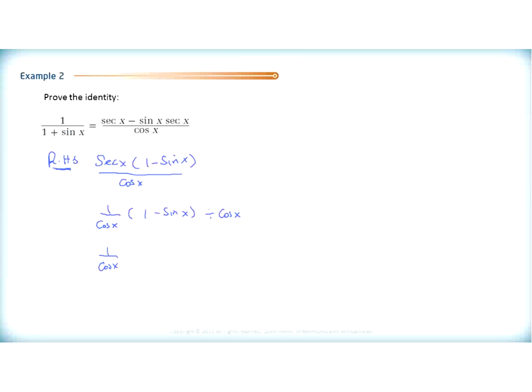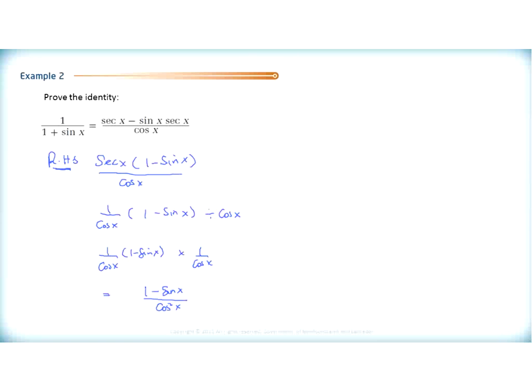So I get 1 over cosine x times (1 minus sine x) multiplied by 1 over cosine, because we take the reciprocal of cosine. When we multiply all that together, I get 1 minus sine over cosine squared.